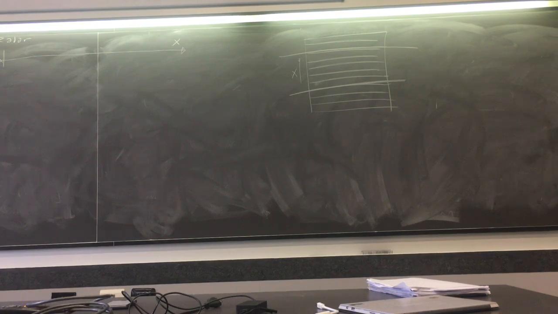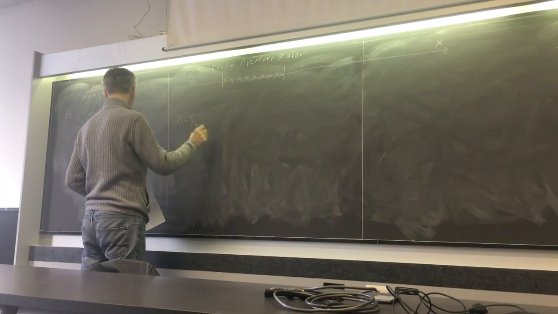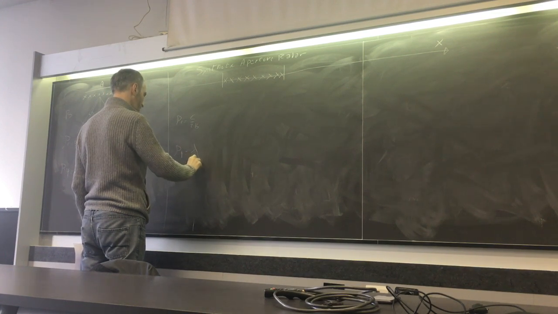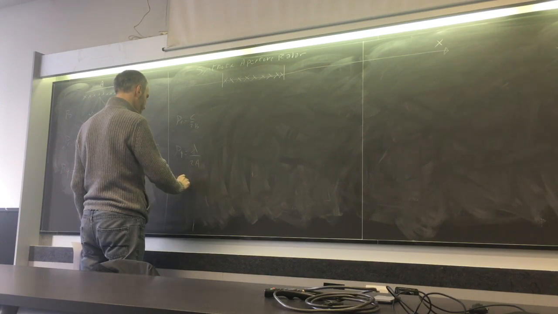So what is the resolution of a SAR image? We say that it is analogous to a fixed array. So you have the same range resolution and the same angular resolution, and so the same x resolution, azimuth resolution.